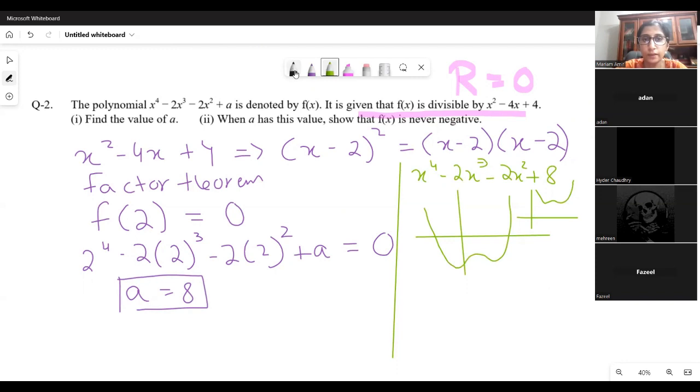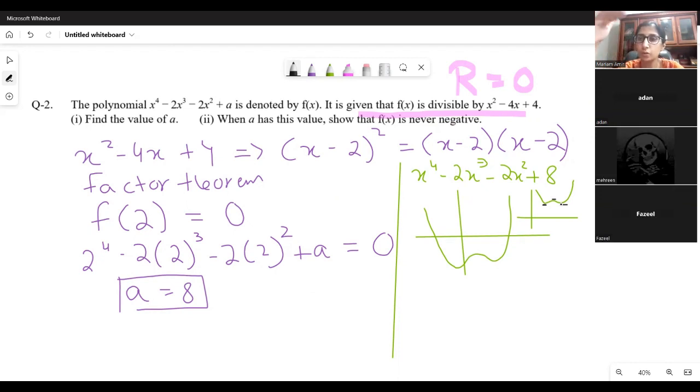तो आप क्या करोगे? AS का knowledge use करोगे, ये turning points find कर लोगे, और आप दिखाओगे कि सारे turning points में y तो positive है. So अगर y positive है, that means ये graph हमेशा x-axis के ऊपर रह रहा है. Now the question is, how do we find turning points of an expression or of a graph? This is from AS. टर्निंग पॉइंट कैसे निकालते थे?